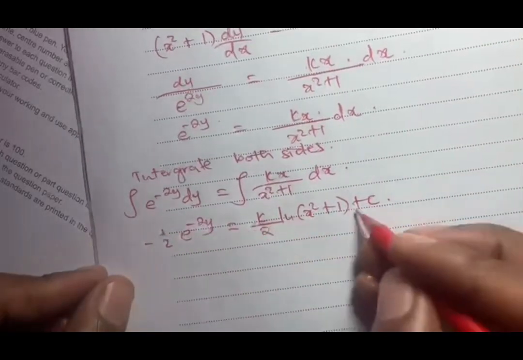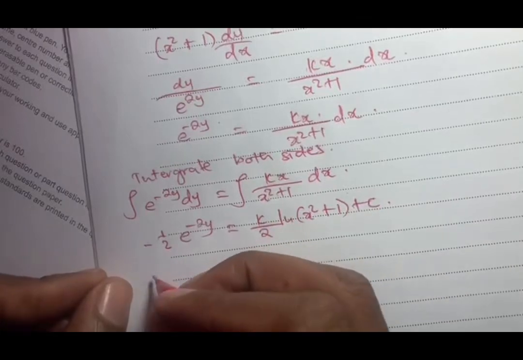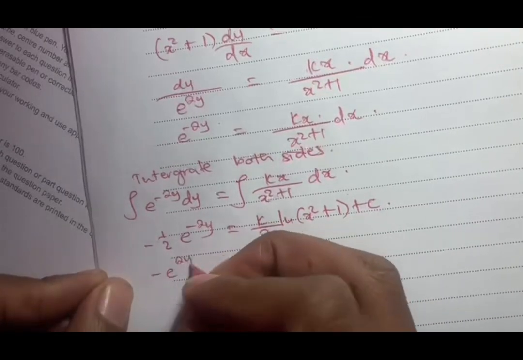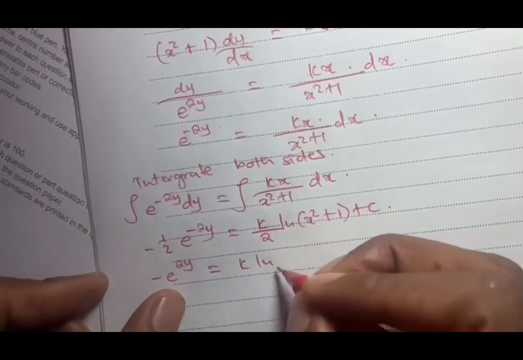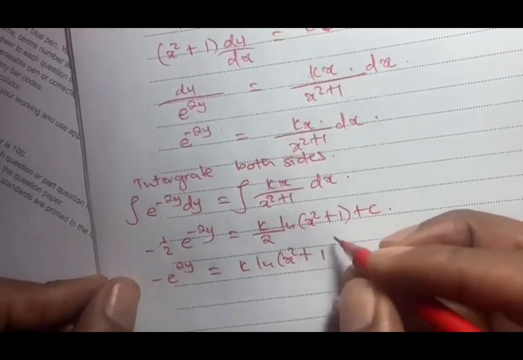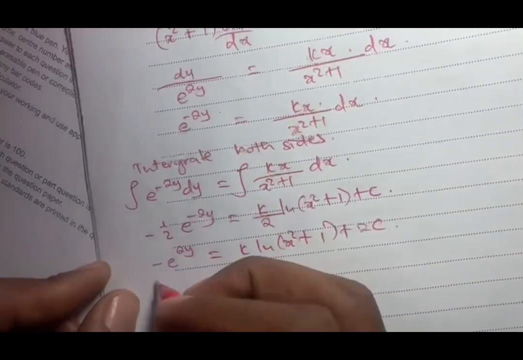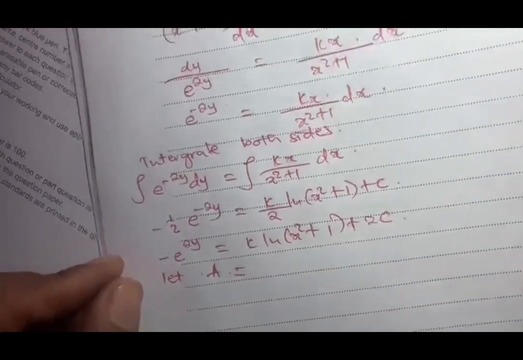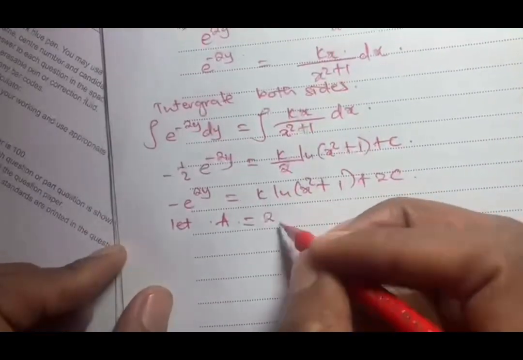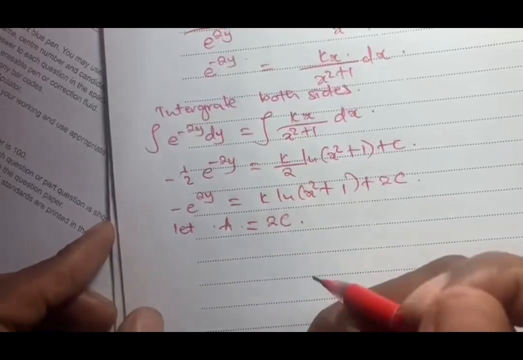Then if I multiply everything by 2, I'll get minus e to the power of minus 2y equal to k ln(x squared plus 1) plus a constant. So then I can let A be equivalent to this, my constant, which becomes a single letter like that.